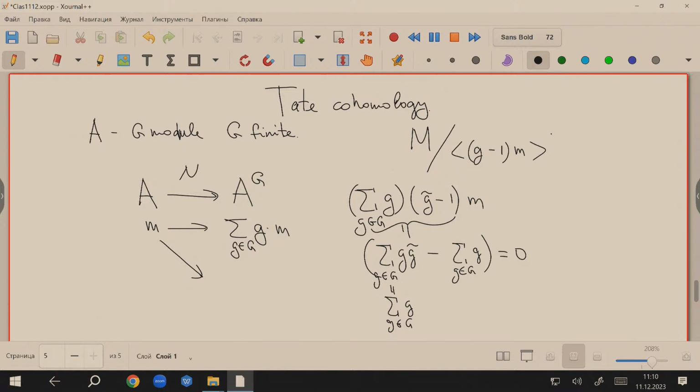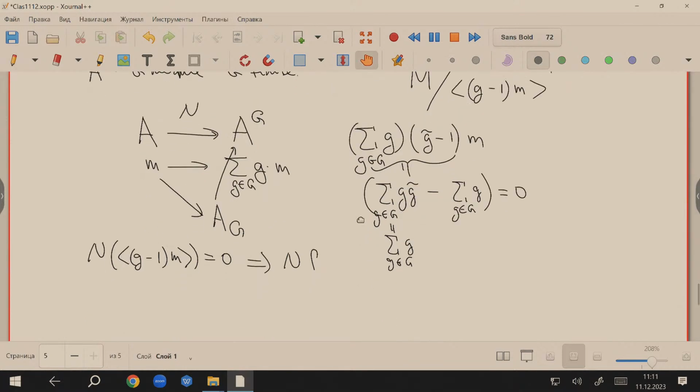So that means that N is trivial on the elements of this form. So this means that N factors through the coinvariants.